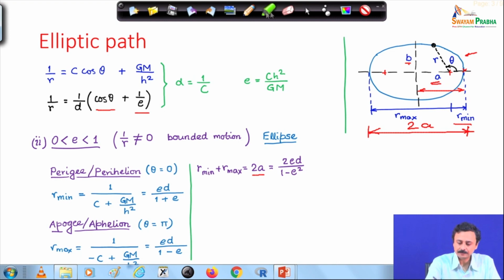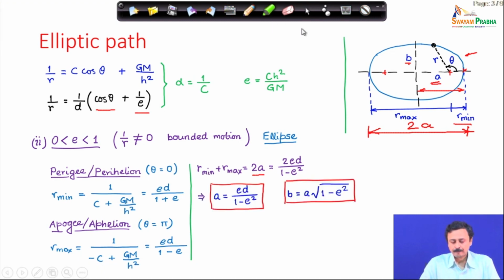This can be checked, and by simplification of this relation, I can get the semi major axis in terms of the geometry. E is the eccentricity and d is the distance of the focus from the directrix.